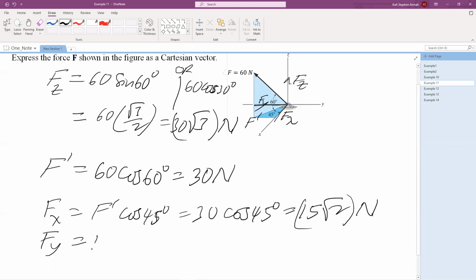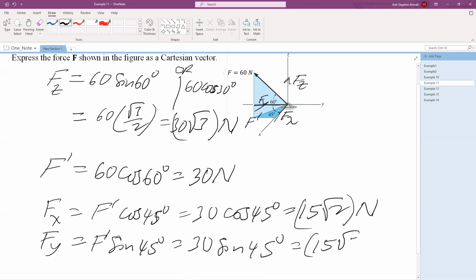In that case, this is F prime sine 45, so 30 sine 45, which is the same thing as 15 root 2 newtons.